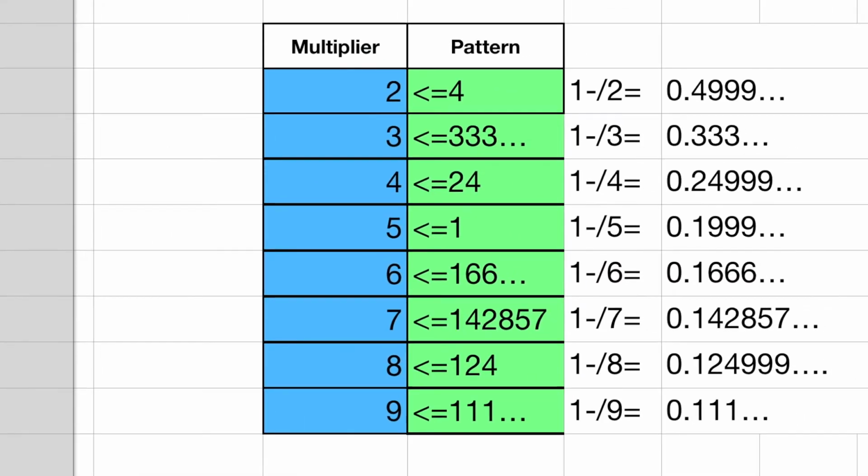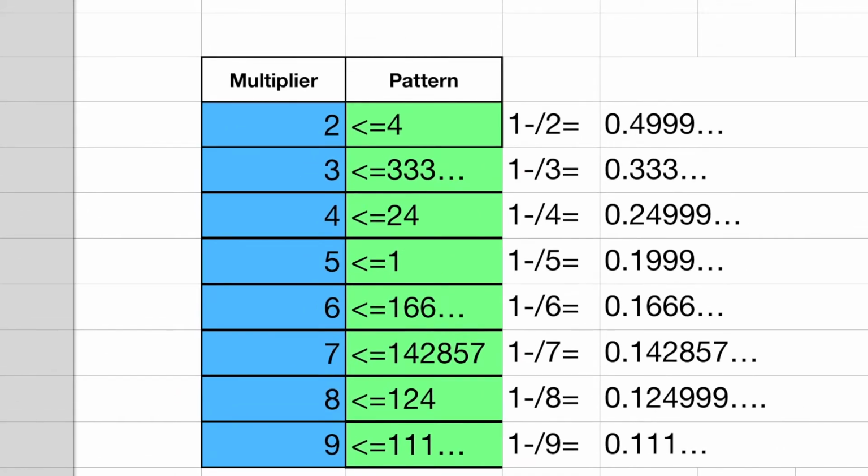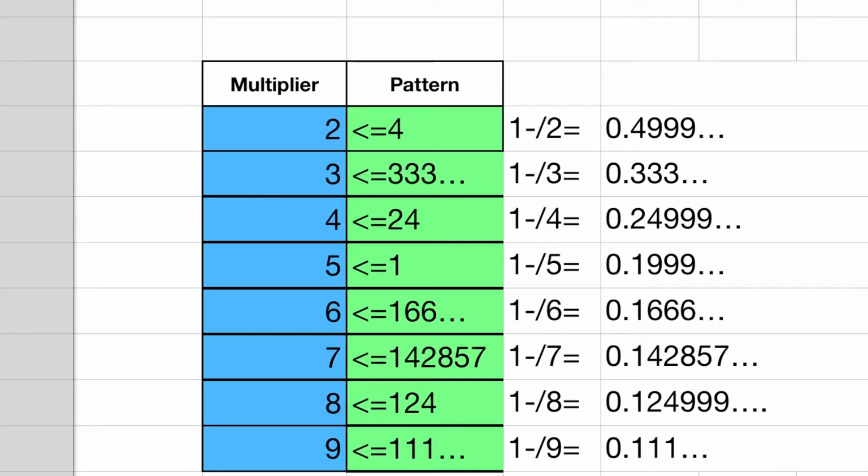So 1 minus, representing 0.9999 all the way to infinity, divided by 2 equals 0.499. That divided by 3 equals 0.333. That divided by 4 equals 0.2499. That divided by 5 equals 0.199 and so on here.